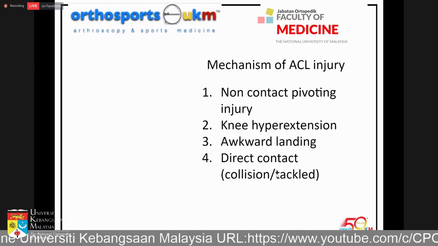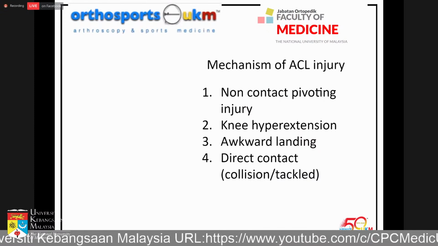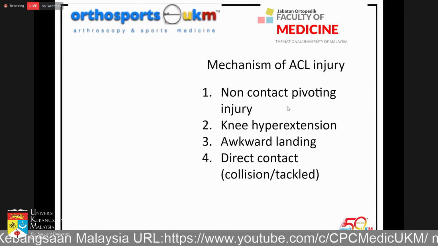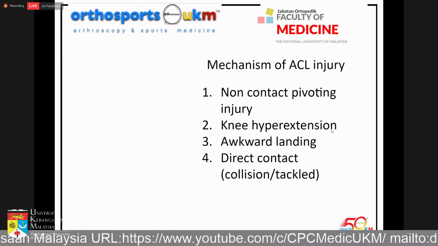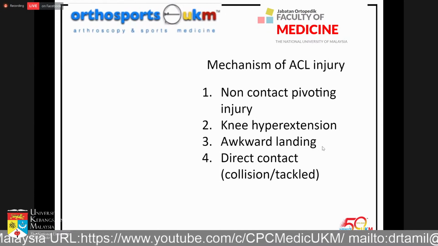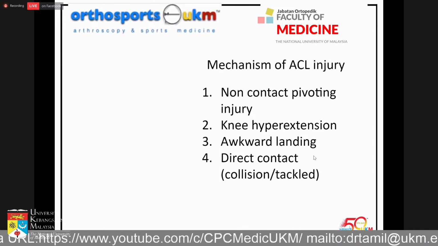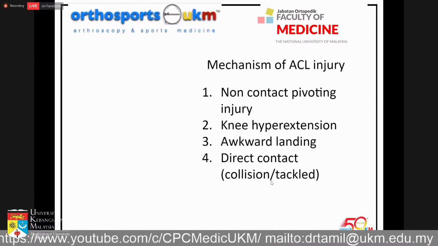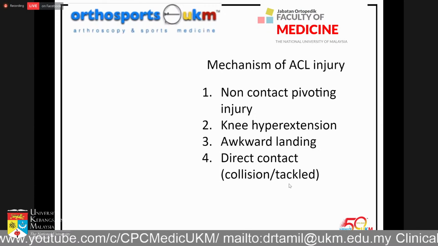What are the most common mechanisms of ACL injury? Number one is non-contact pivoting injury. Number two is knee hyperextension. Number three, awkward landing. Number four, lastly, is direct contact or collision, or when the player is tackled.